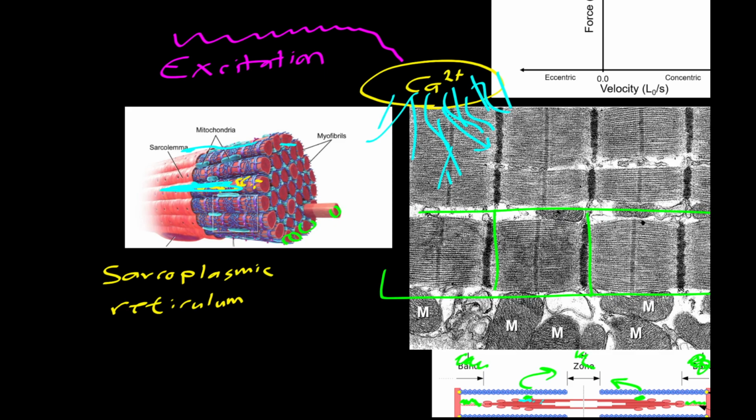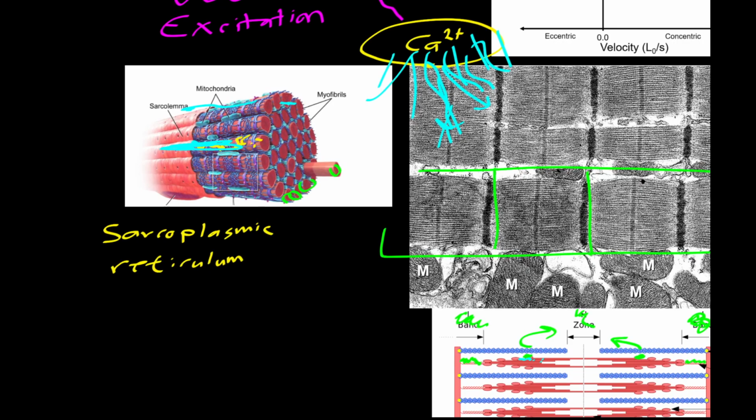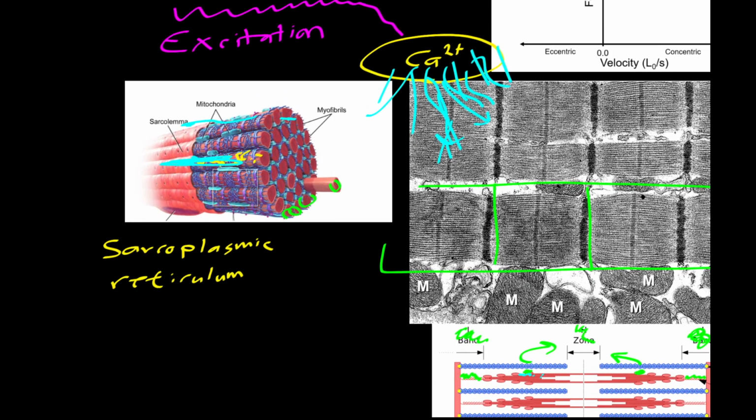And the translation of, okay, the calcium comes out and the troponin and tropomyosin do their thing, and then the myosin heads start producing force on the actin filaments. That is activation. So the actual amount of force produced is activation. The electrical signal is excitation. And we'll talk in a future video about specifics of that.